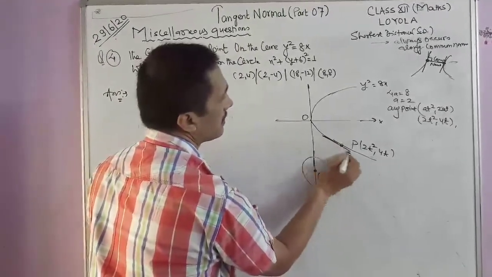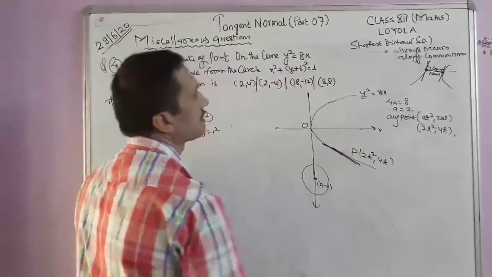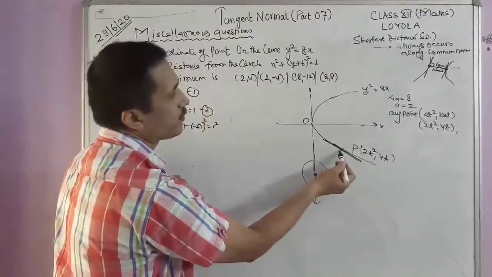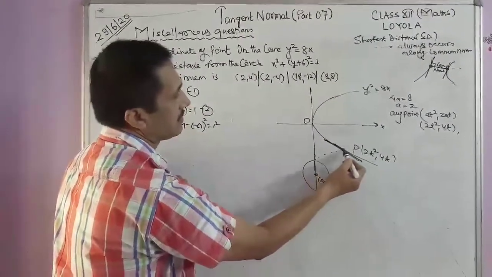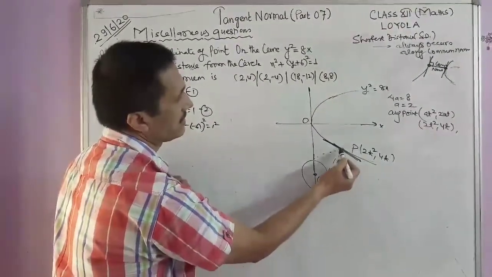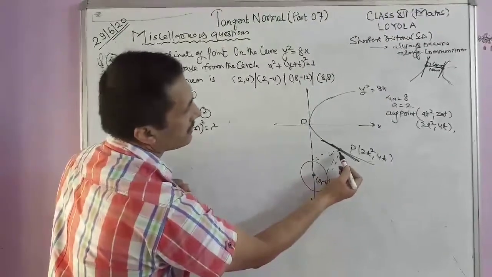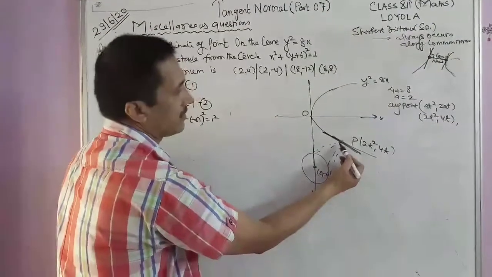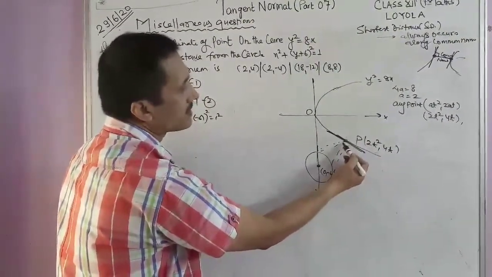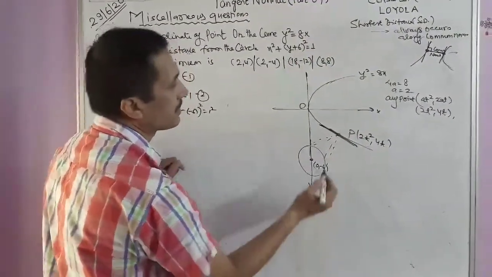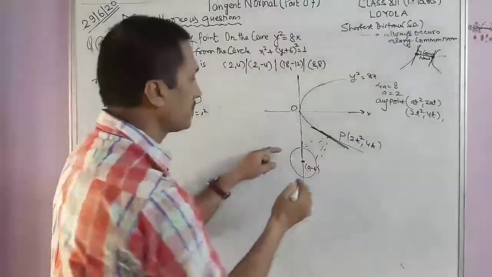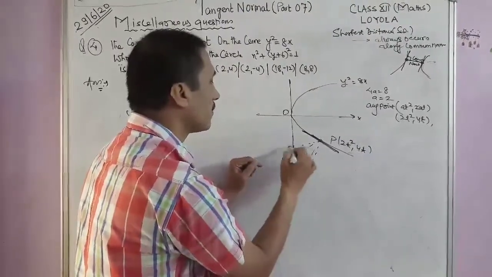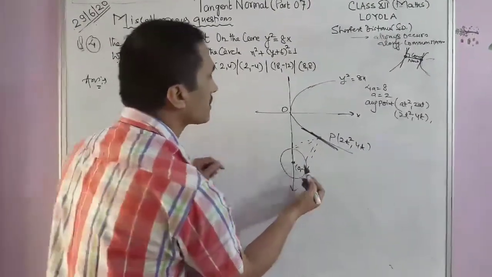This is the tangent. From this point there are so many distances. The shortest one will be along the normal, and this normal is common to both the curves. Clearly we know the normal at any point to the circle must pass through the center of the circle.